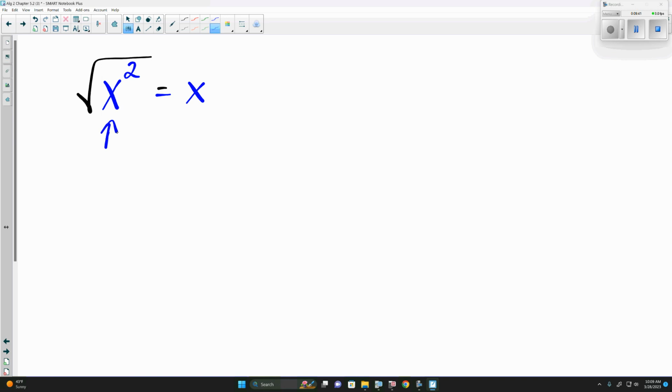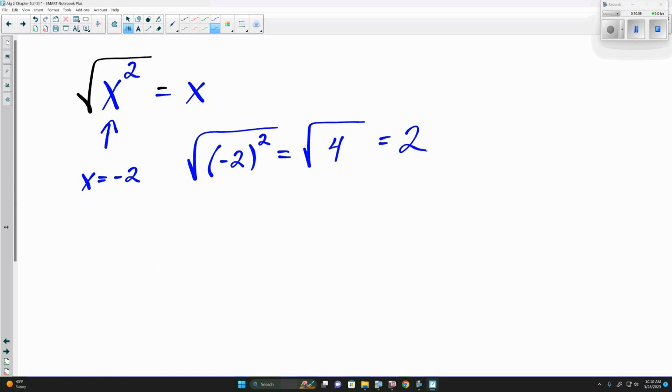But do we know in this case what the value of x is? Oh no. Because we could say x is negative 2, yes? Now if we work this out, negative 2 squared, take the square root of it. Well, the negative 2 squared is 4, and the square root of 4 is 2.